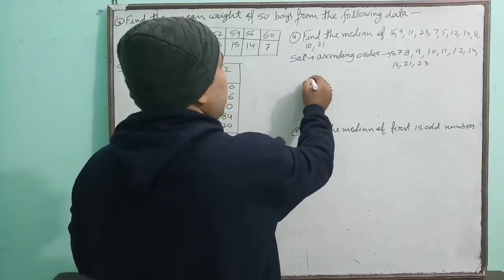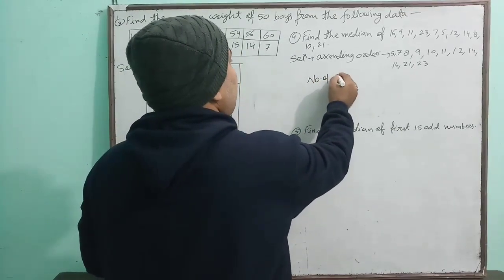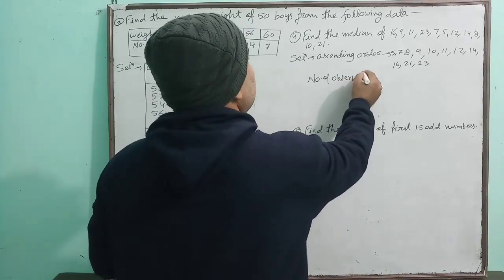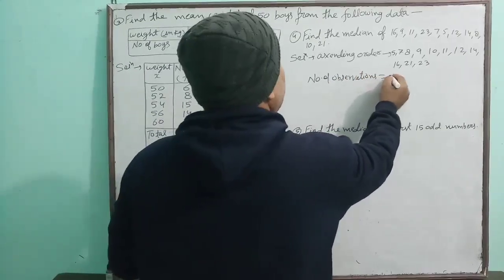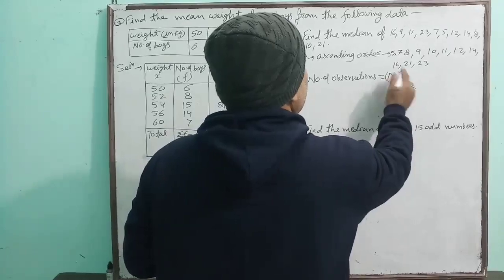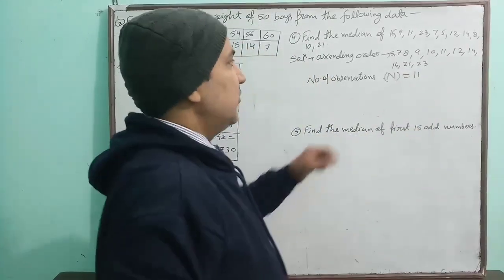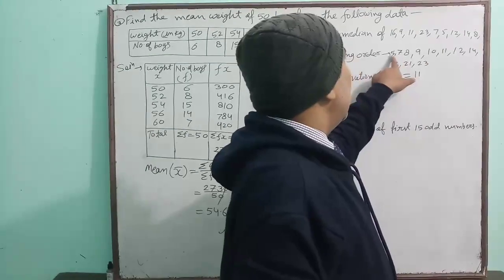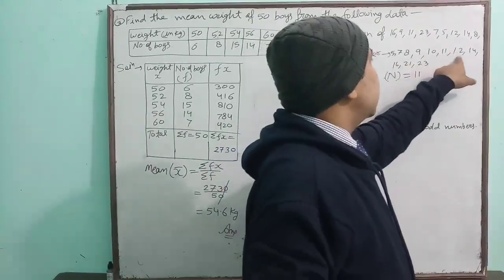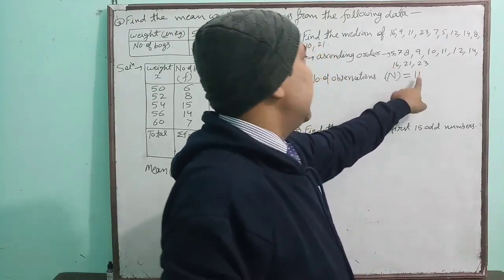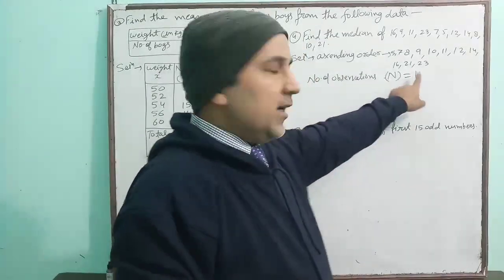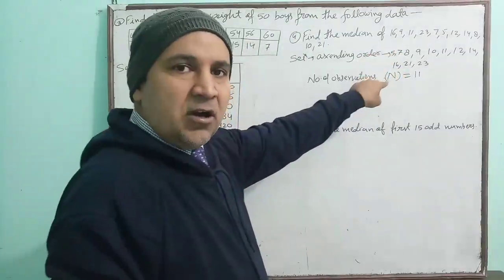The count is the number of observations, which will be denoted by capital N. This is 11. 1, 2, 3, 4, 5, 6, 7, 8, 9, 10, 11. 11 means odd. Here the number of observations is odd.